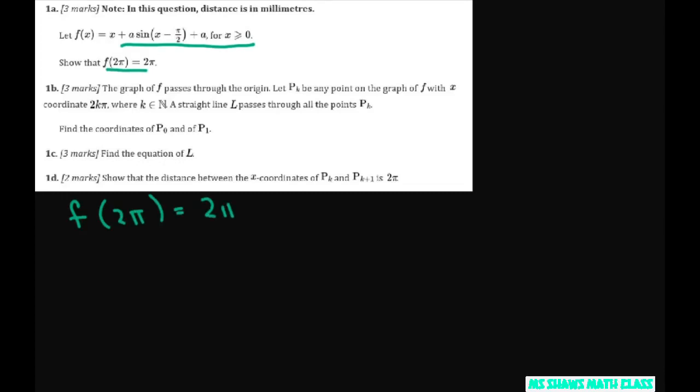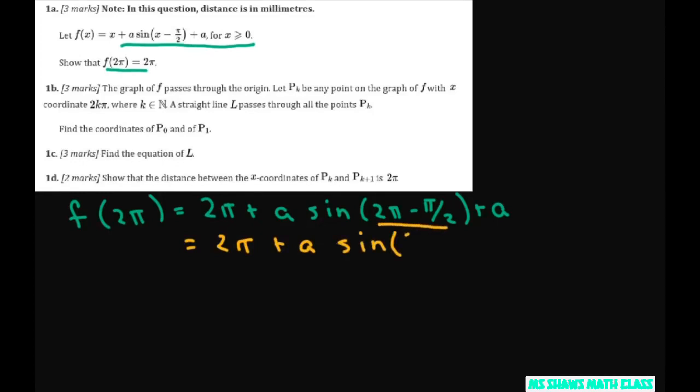So 2 pi plus a sine of 2 pi minus pi divided by 2 plus a. So this is going to equal 2 pi plus a sine of 2 pi minus pi over 2, which is 3 pi divided by 2, plus a.